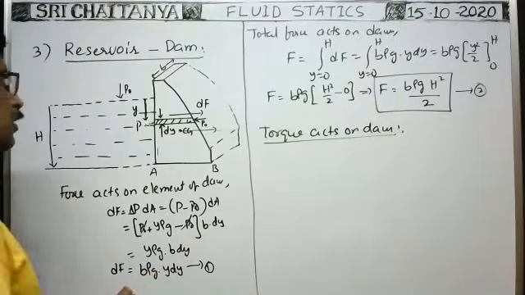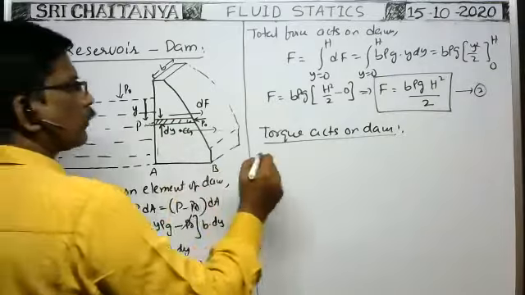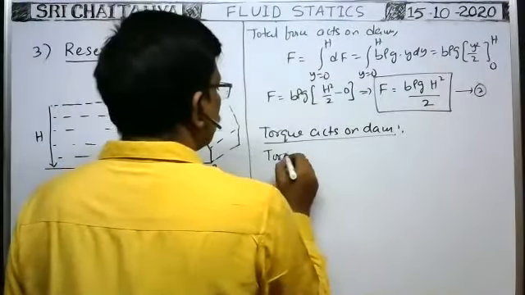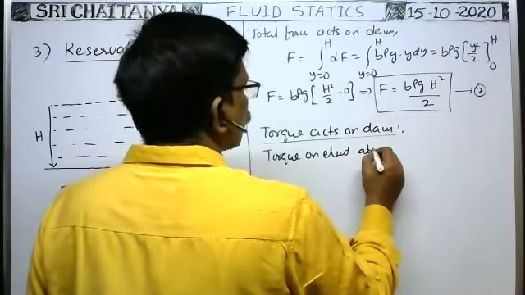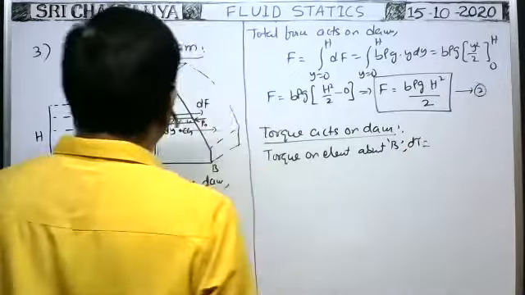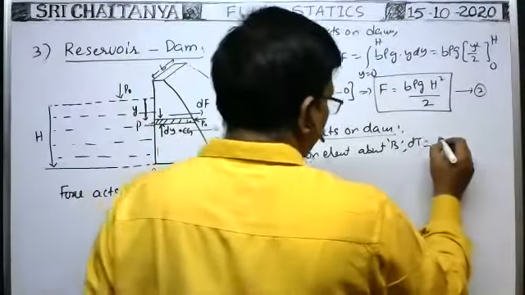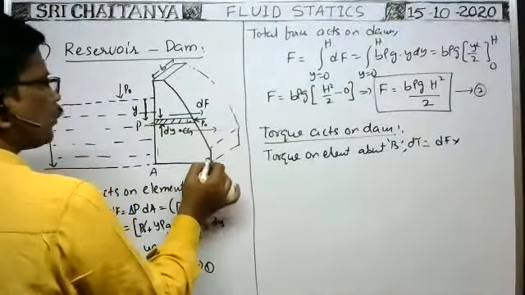That's why first we have to find the torque due to the force acting on the element about the point B. Torque on element about B, d tau, is equal to the force acting on this element, df, into the perpendicular distance of the force from this point of rotation.